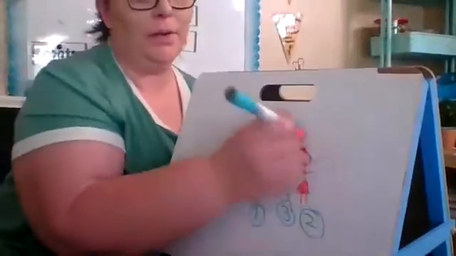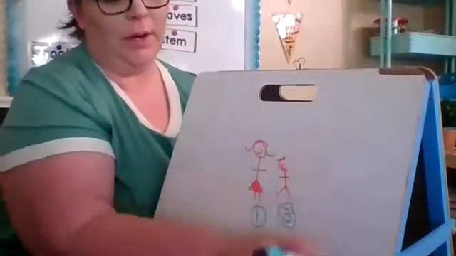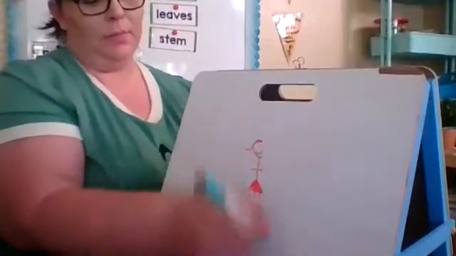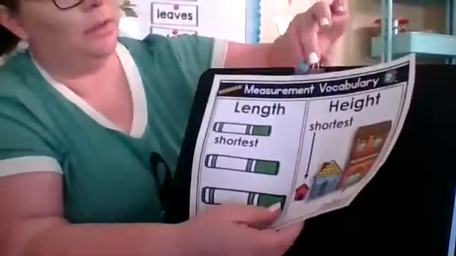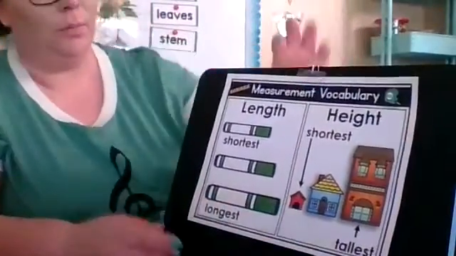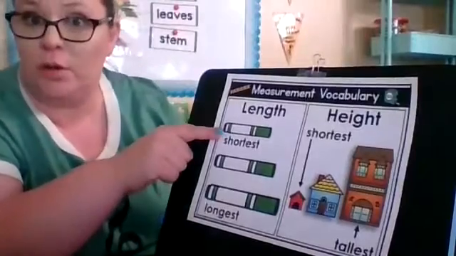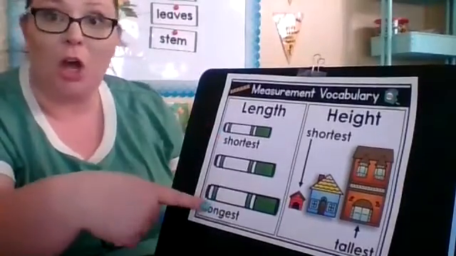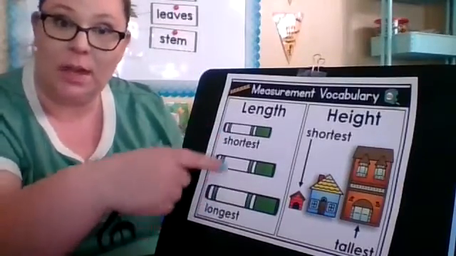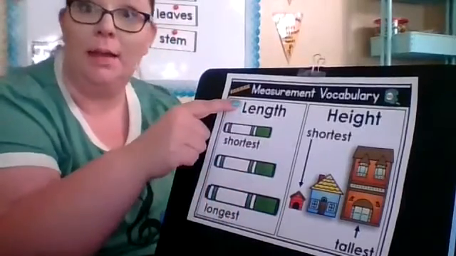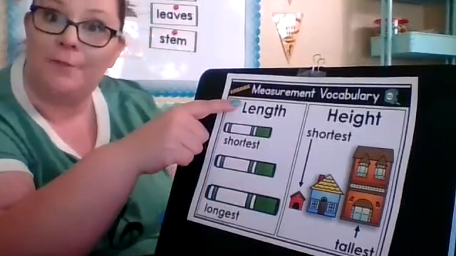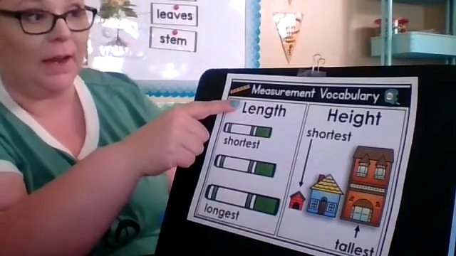So what vocabulary do we use when we're comparing length? Remember your little poster? Here's your poster that was in your packet. We're using words like short, shorter, shortest, long, longer, longest, to compare the length, side to side, left to right, okay?